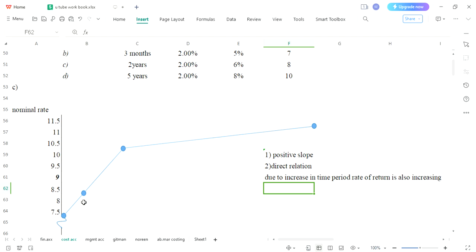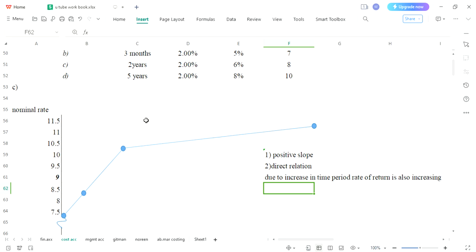Continuous increase, continuously inclining, is called positive slope, and this creates a direct relationship between two elements. What does that mean? If you increase one element, maybe on the y or x-axis, the second element is also increasing. Here we are relating to time period. As you increase your time period on the x-axis, your nominal rate is also increasing on the y-axis.